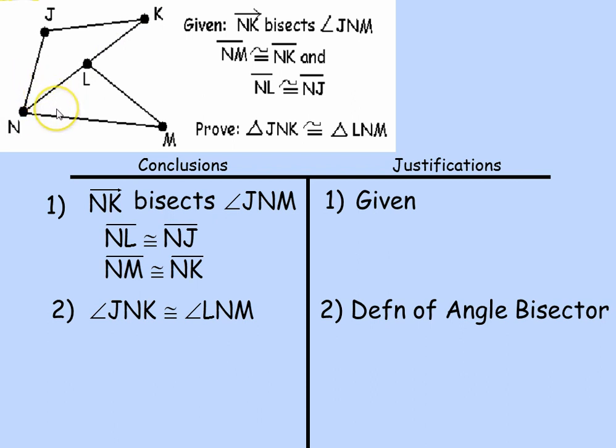So now we have enough information to say that triangle JNK is congruent to triangle LNM because we have a side right here that is congruent to this side here, JN and LN, and then we have the known angle right here congruent to this angle, and then this side length is congruent to this side length.